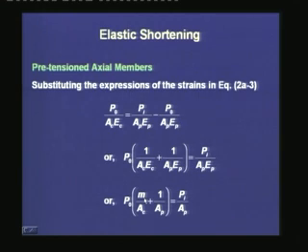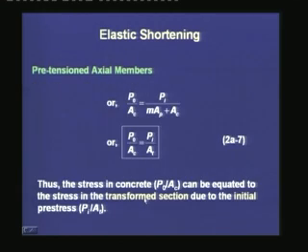Once we do this transposition and substitution, we come to this expression, which is the stress in the concrete that is calculated based on the stress at transfer, P0 by AC, that is equal to the initial prestress that we record by the jack gauges divided by the transformed area.